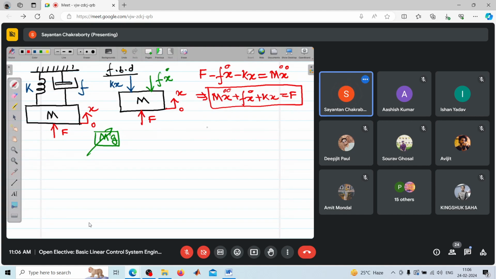So this is a simple mechanical system involving translational motion. What about rotational motion? Let us consider a rotational system on the same page.